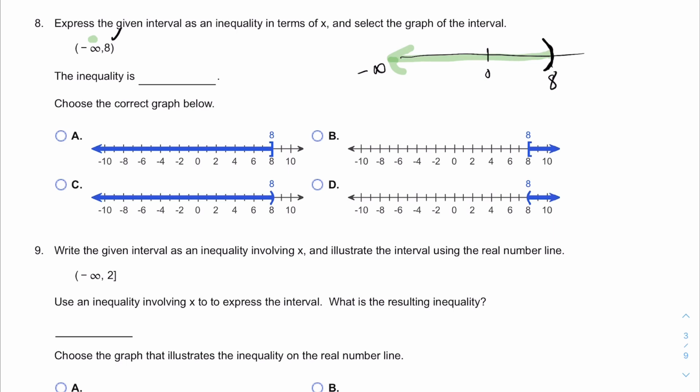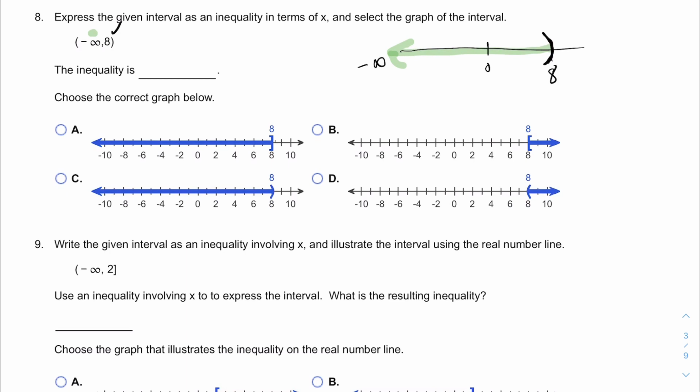And so I can already tell it's definitely not A because that is closed. And it must be C, right? Because C is, what am I looking at here? Hey, this is number 8. Well, there's an arrow. Yeah, it must be C. Okay, and oops, I didn't make the inequality.